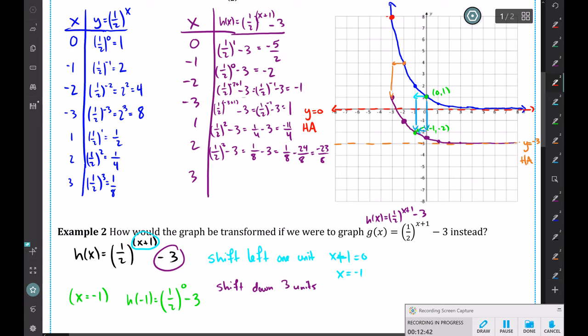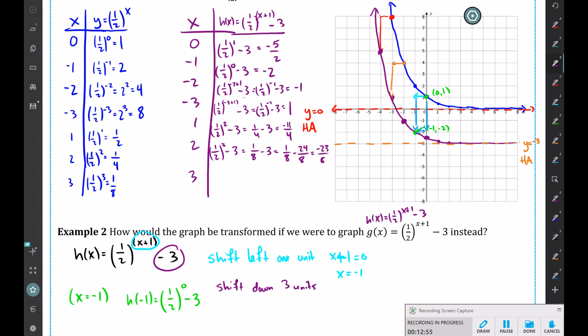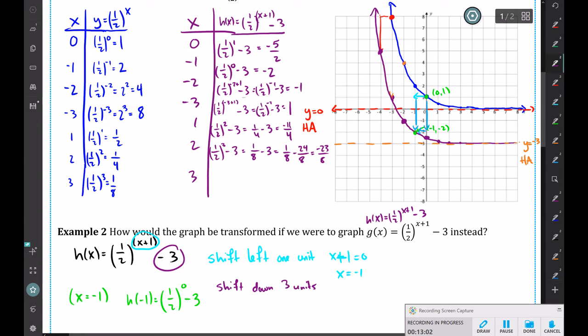I should go over 1 and then down 3, and that should be a point on my purple curve. Every point on the purple curve should be left 1 and down 3 of a point on the blue curve. That's the takeaway there.